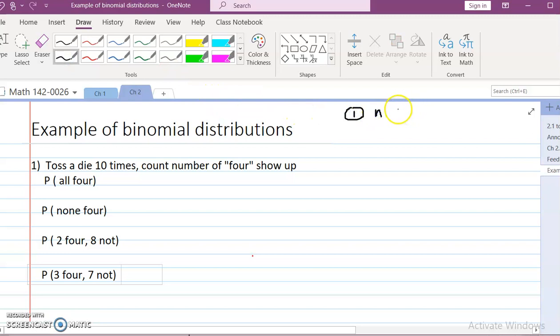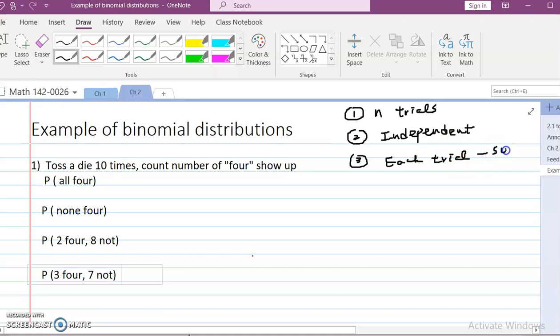It has to have n trials, and n has to be fixed. You cannot just say, oh, I'm going to stop now. Independent: the trials don't affect each other. And in each trial, you look at two outcomes. We label the one that we are counting as success, but it could be anything, and you can determine that whatever you're counting is named as success.